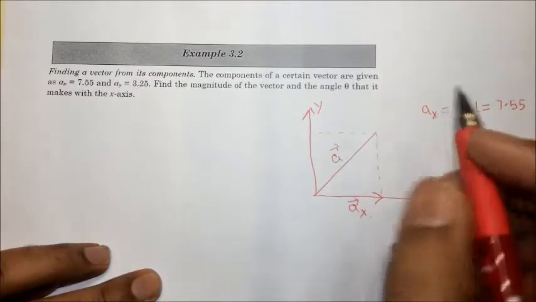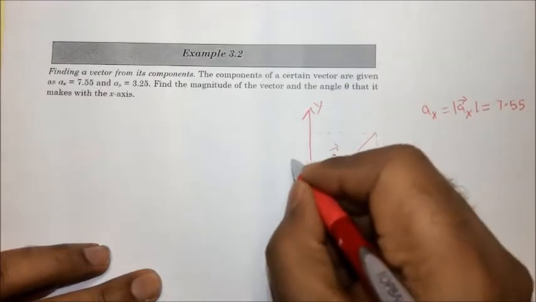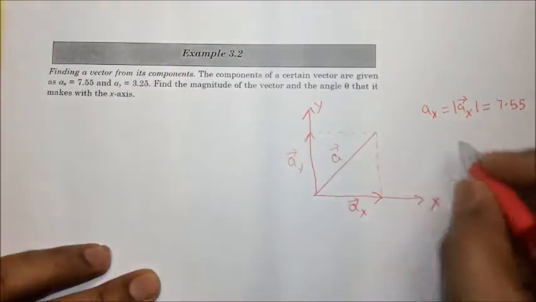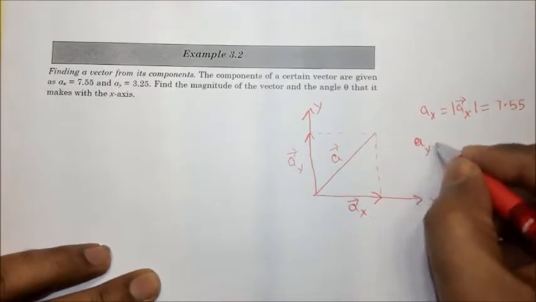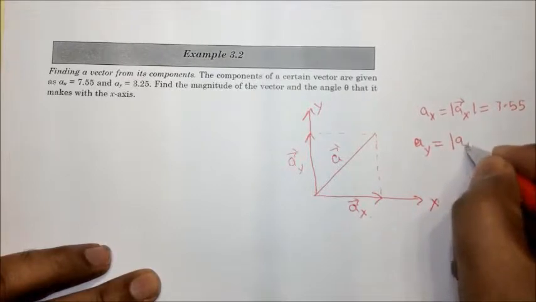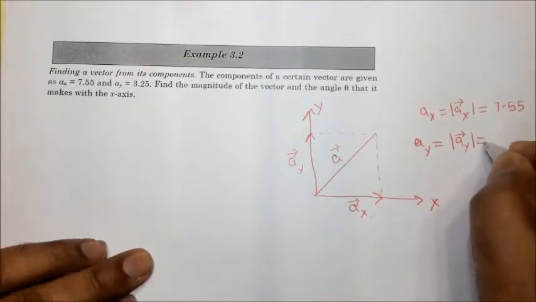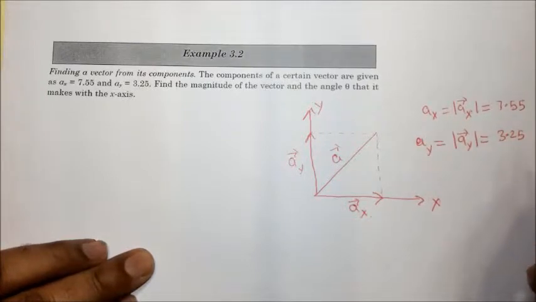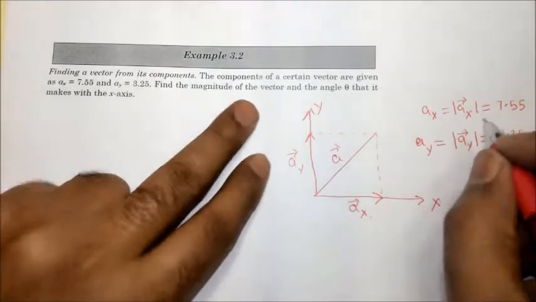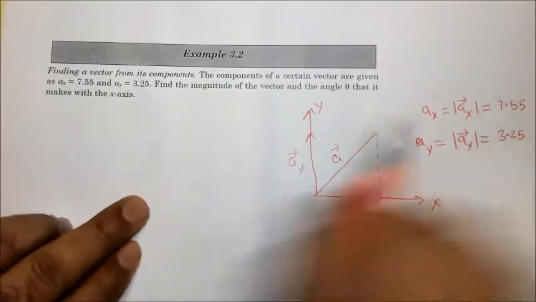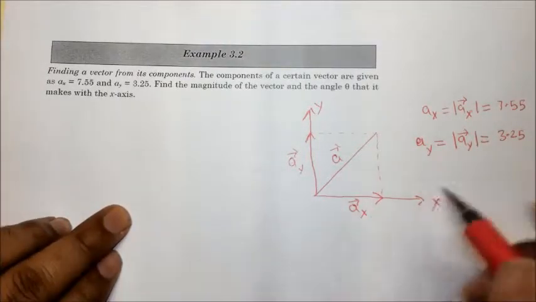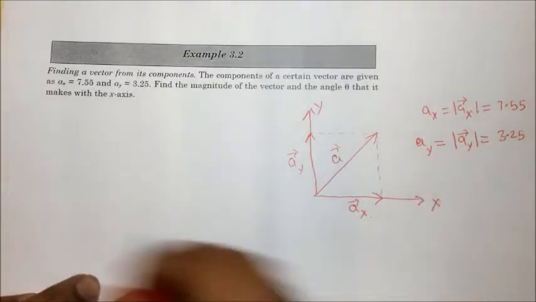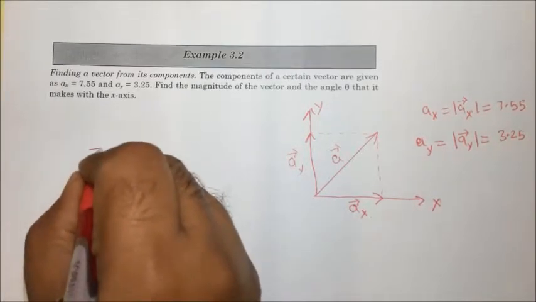The magnitude of the y component of vector Ay, this is Ay, is given as 3.25. So it is asking what the magnitude of vector A is going to be.